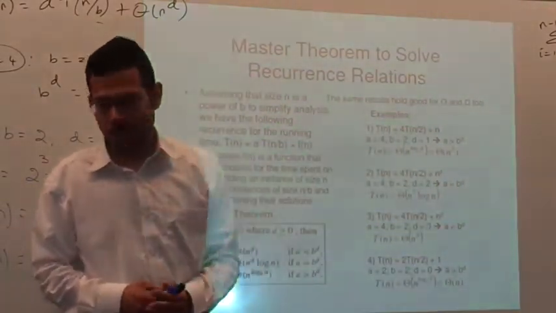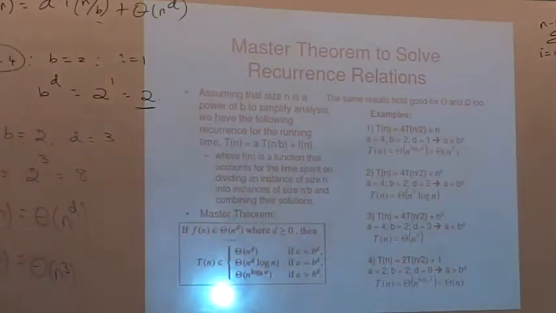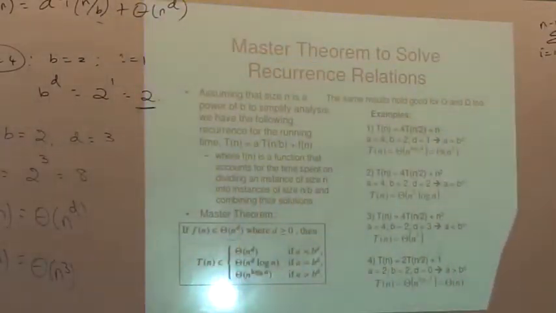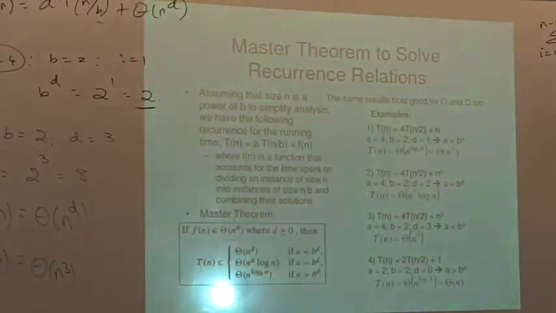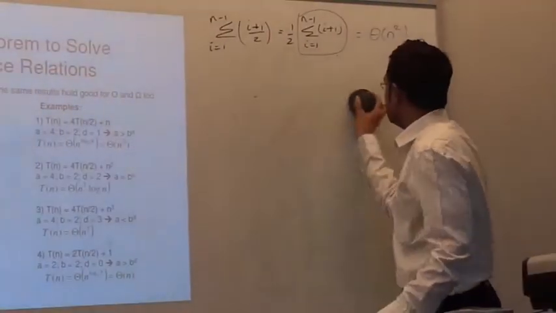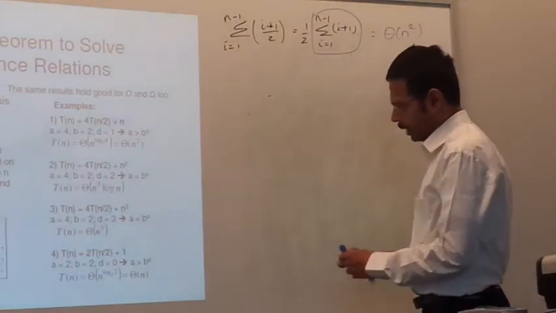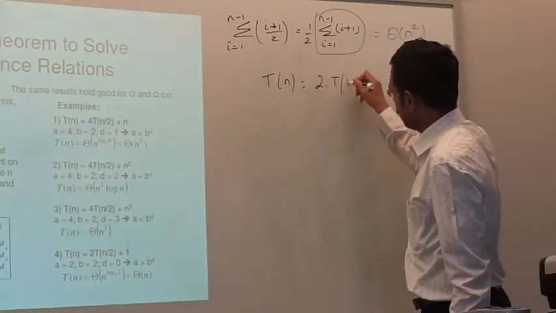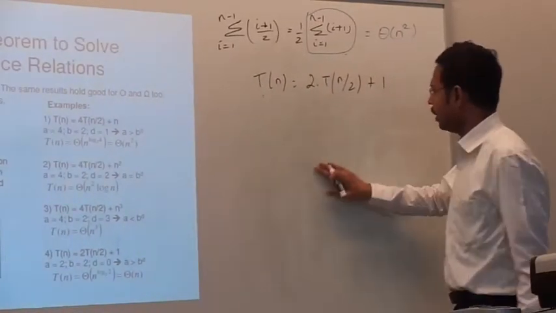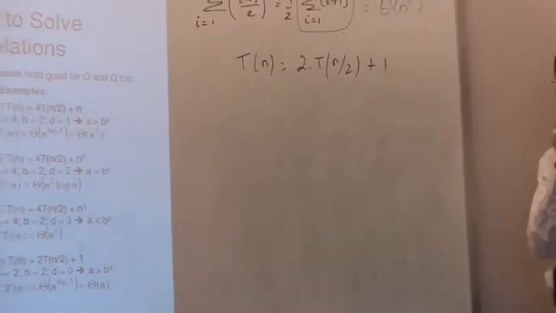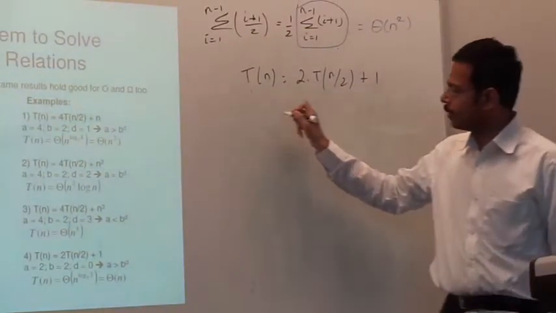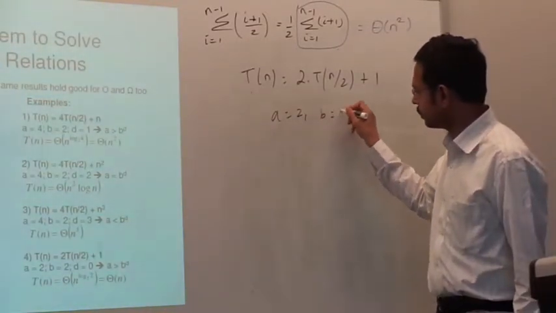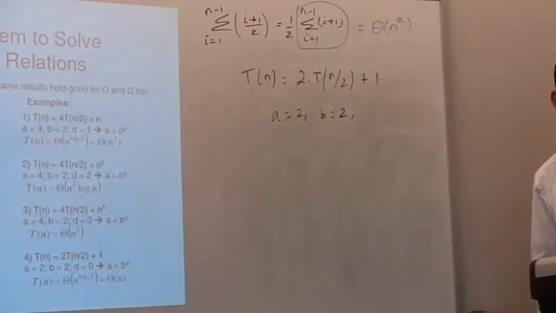Let's do the last one. What's the last one we have? T of n is 2 T of n over 2 plus 1, right? You have a 1 here.